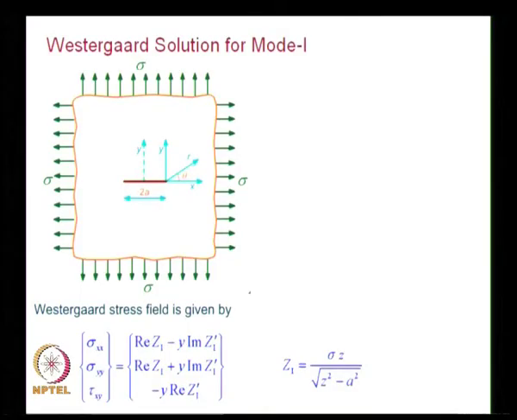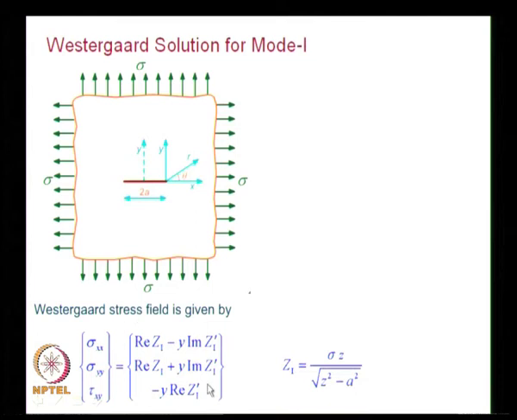Mind you, if you have not looked at generalized Westergaard, you would still not accept this as a closed form expression. See, what we have got here is, if I take the stress function in this fashion, it definitely satisfies the stress free boundary of the crack as well as biaxial loading at infinity.